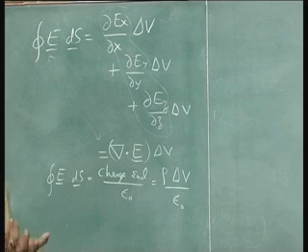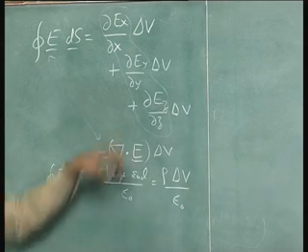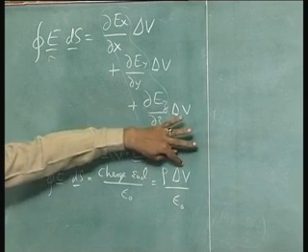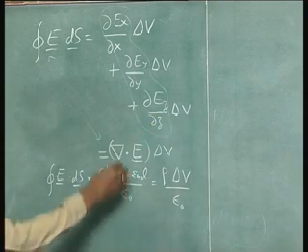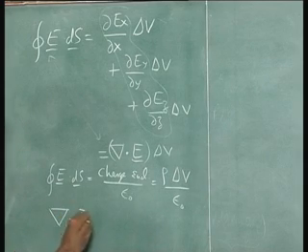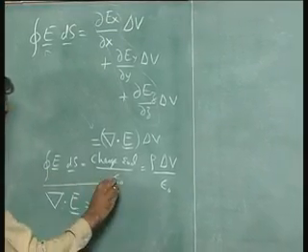Point charges are only where we start. What we actually have is smeared out charge, many charges. So, we have so many charges per cubic meter multiplied by the volume. So, we now have a final equation, divergence E is equal to rho over epsilon naught.